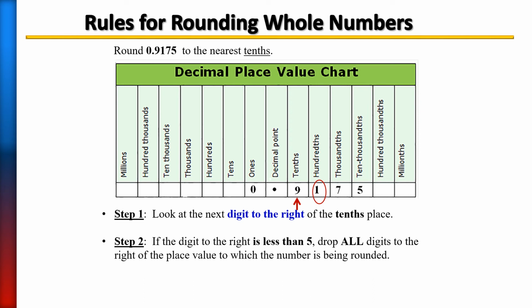In other words, you drop that 1 and everything behind it. So it rounds to 0.9. Again, if the digit to the right is less than 5, drop all the digits to the right of the place value to which the number is being rounded.